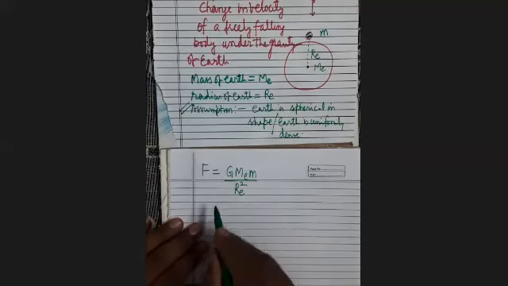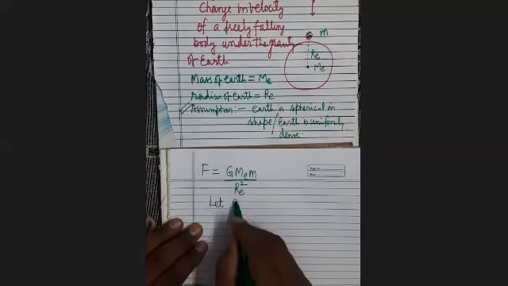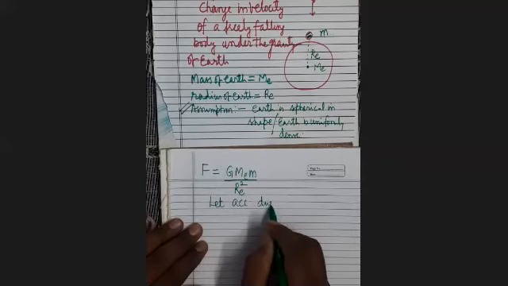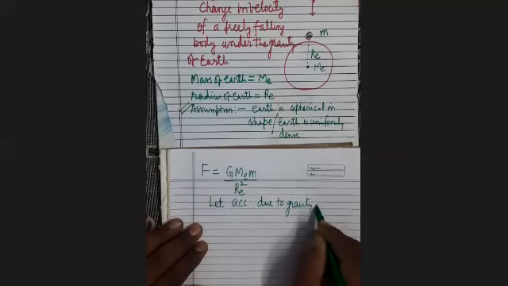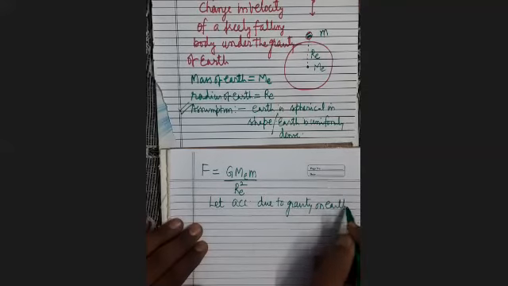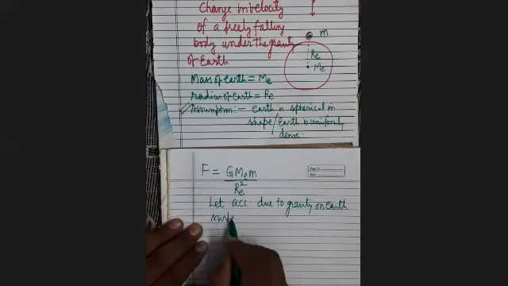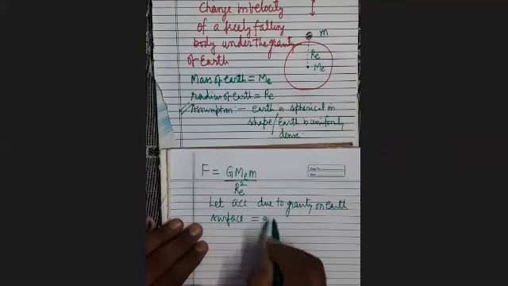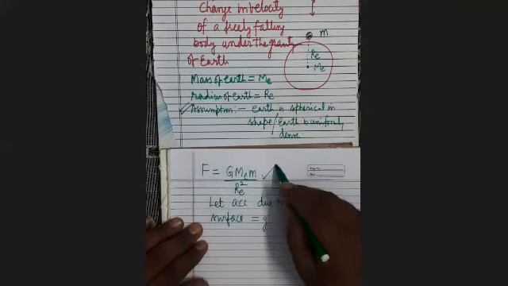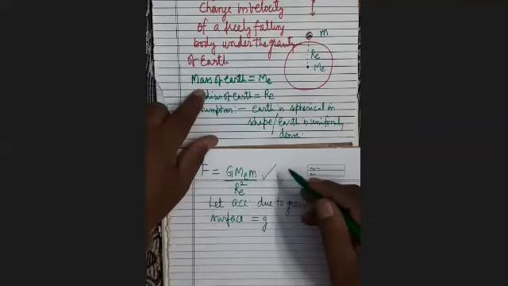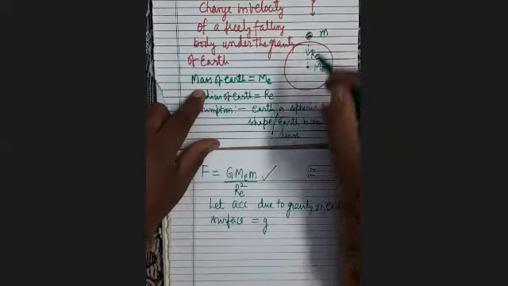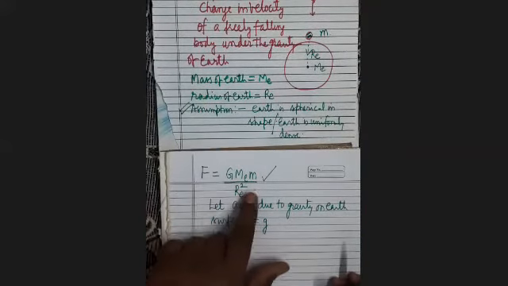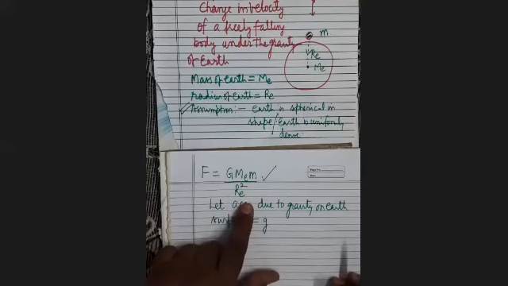If we assume that the acceleration due to gravity on Earth's surface is g, this is the force by which Earth attracts this body towards its center, F equals G M_E m upon R_E square, from Newton's law of universal gravitation.